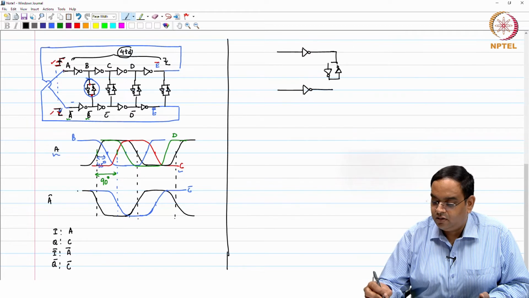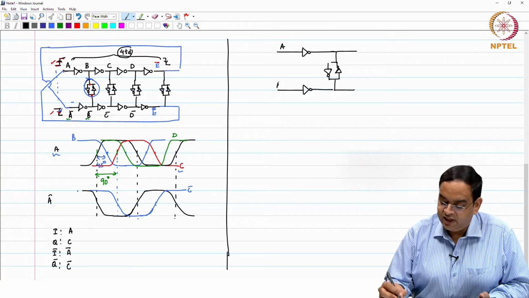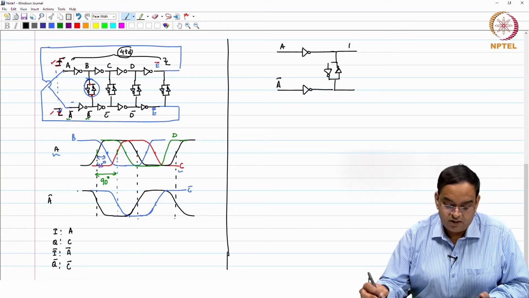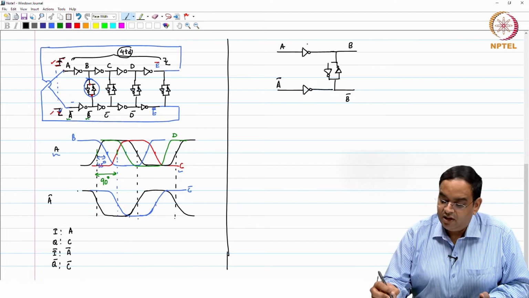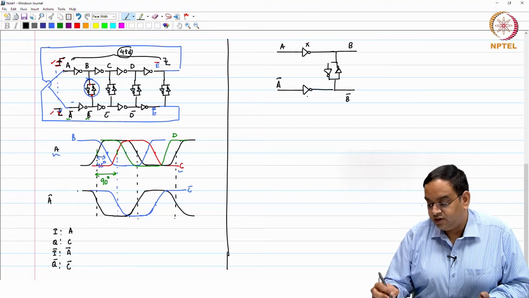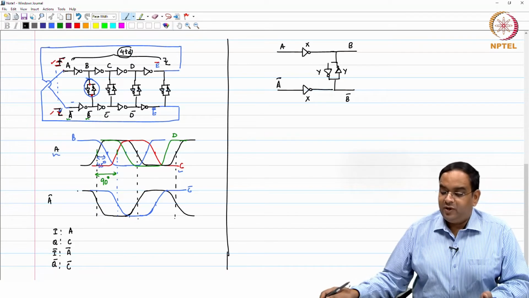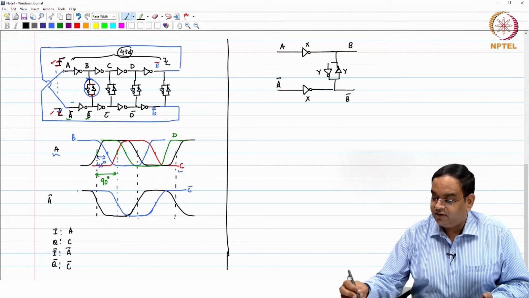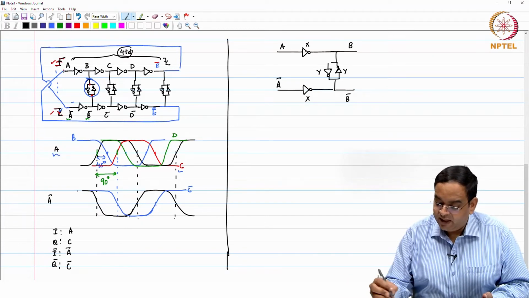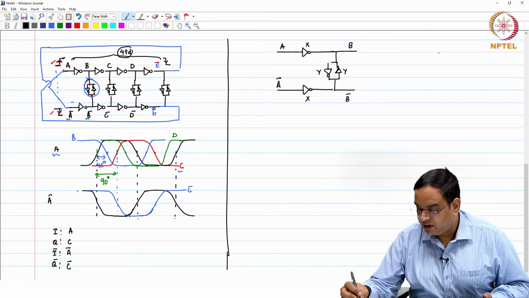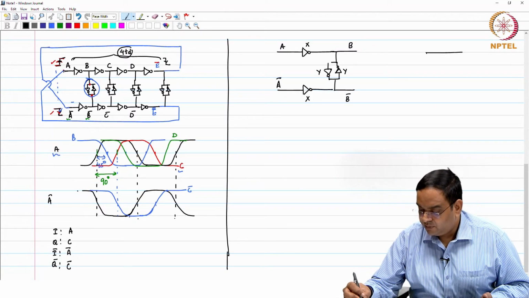Okay, here. So, these nodes which we are using are A and A bar, and this is B and B bar. Okay. I will say that the dimension size of this inverter is X, let us say, and this inverter is Y. So, one problem while using this cross coupled inverter is the following, and here by the way all the inverters are connected to the same VDD. The problem with the inverters connected back to back is that it consumes a lot of power.